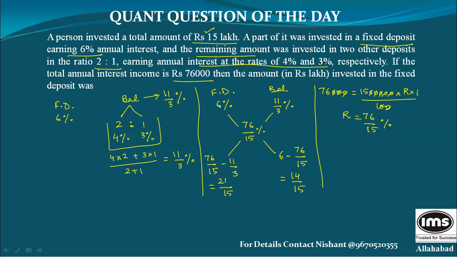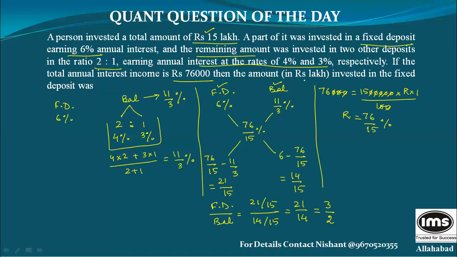Now we will find out the ratio of money invested in fixed deposit and balance. So fixed deposit by balance is equal to 21 by 15 divided by 14 by 15, which gives me 21 by 14, which is equal to 3 by 2.